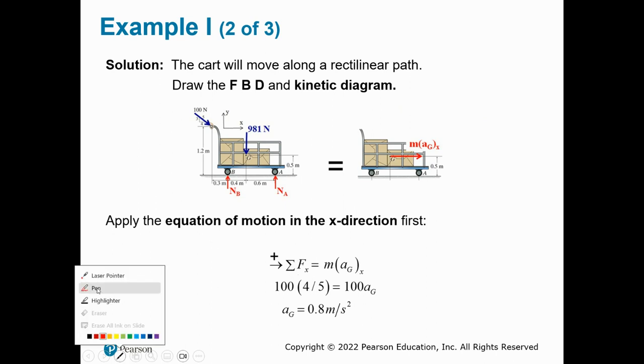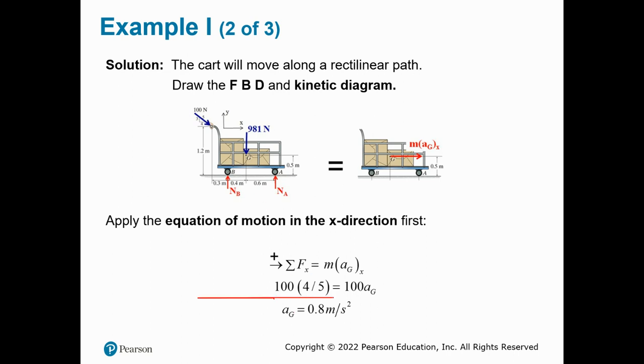Notice that you have a 100 Newton force coming down at an angle. We're going to break it into the horizontal component and the vertical component. The horizontal component is the only force in the x direction, and that equals m(a_G)x, so that's 100 equals m a_G, and that will help us calculate a_G.